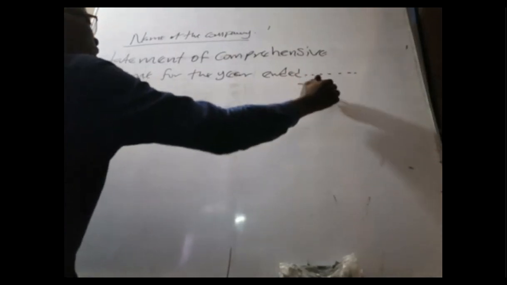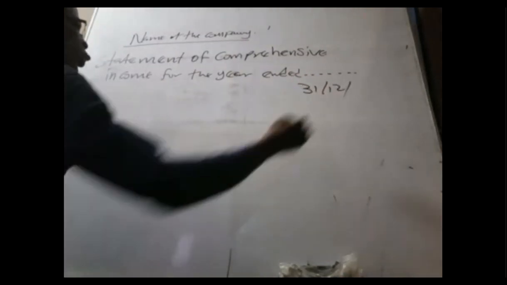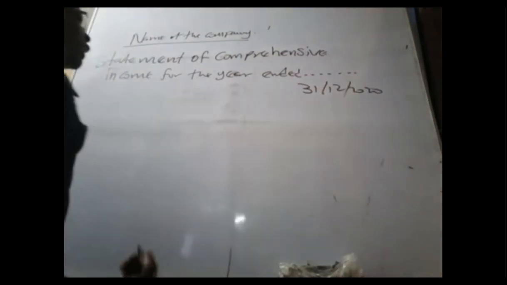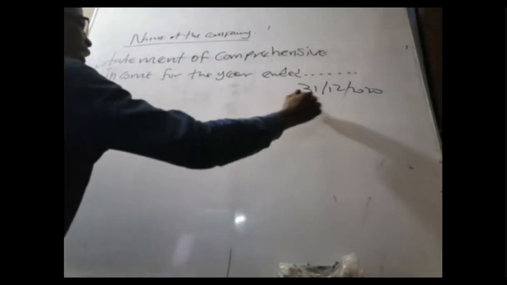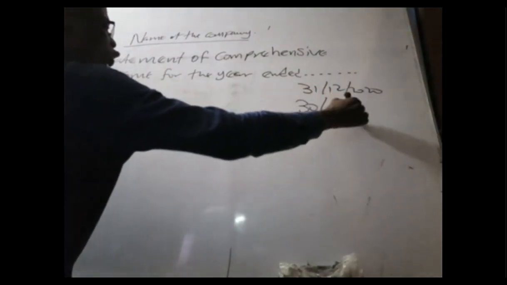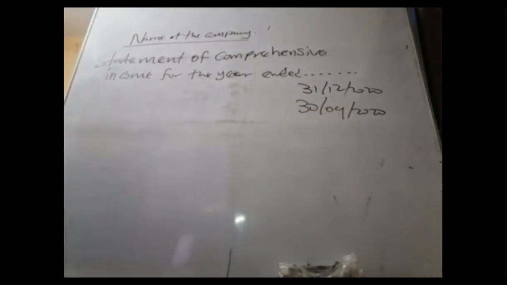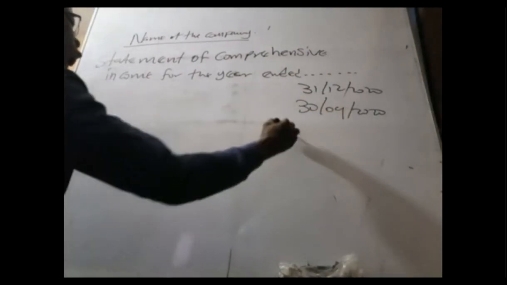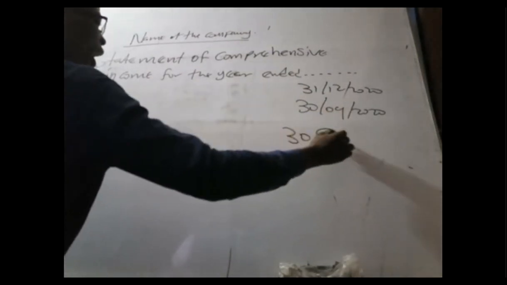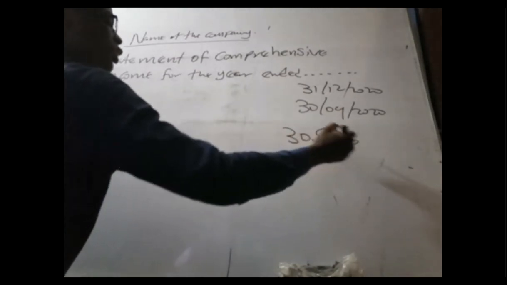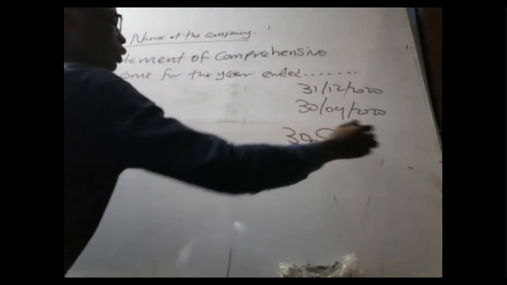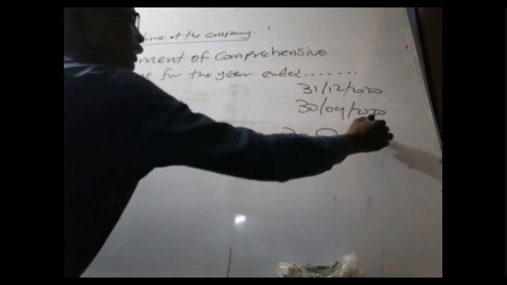Maybe 31st December 2020 or 30th September 2020. You can also write it in full like this: 30th September 2020.